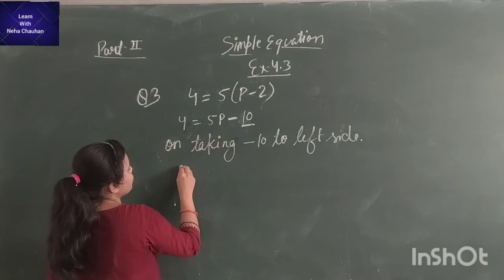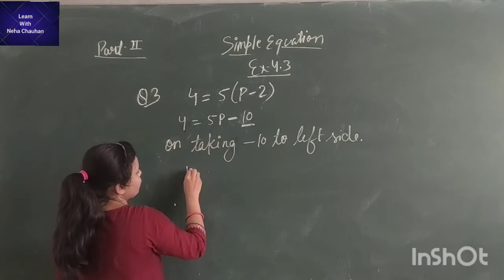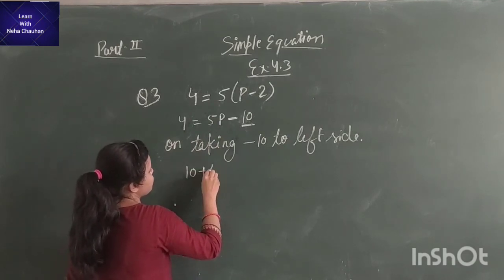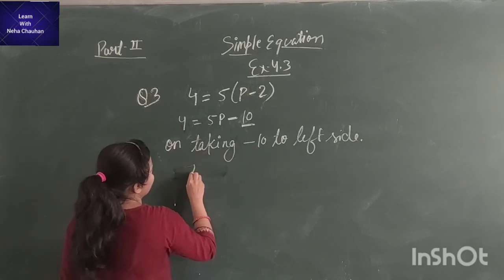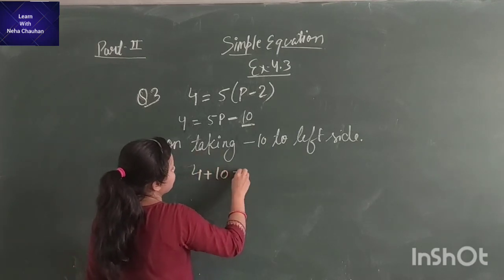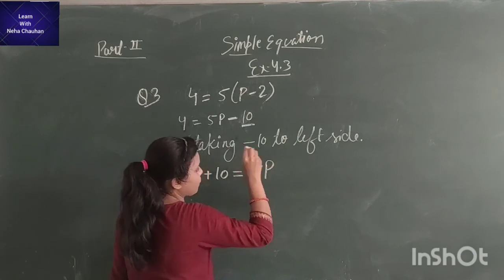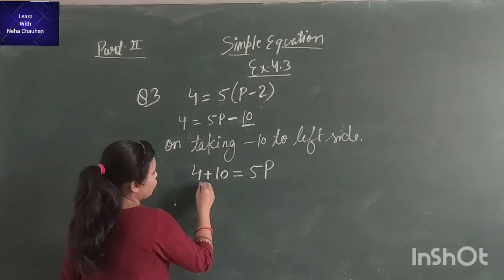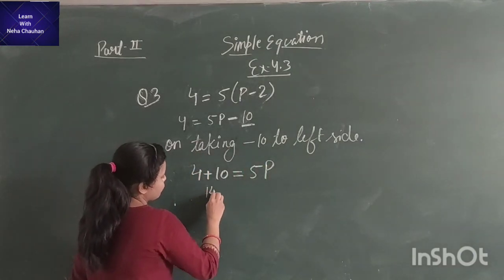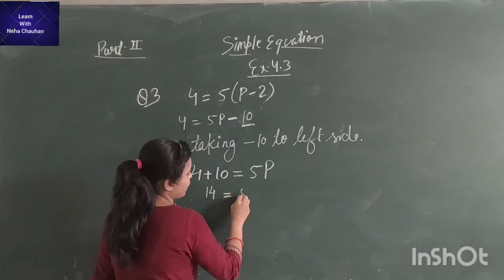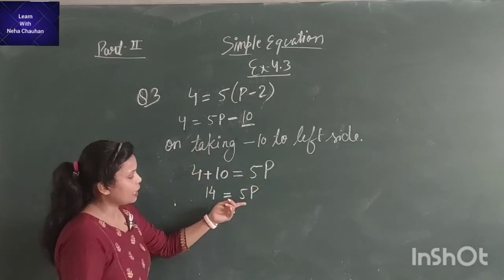So now here we get 10 plus 4, or we can say 4 plus 10, is equal to 5p. Now 4 plus 10 is 14. Now we have to eliminate 5.